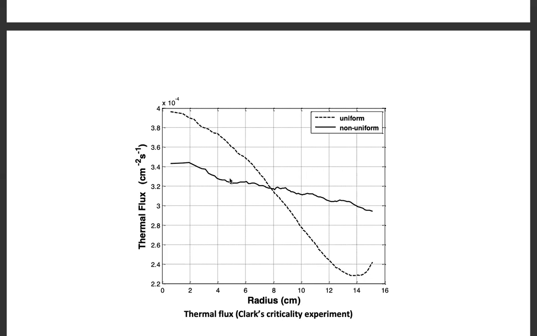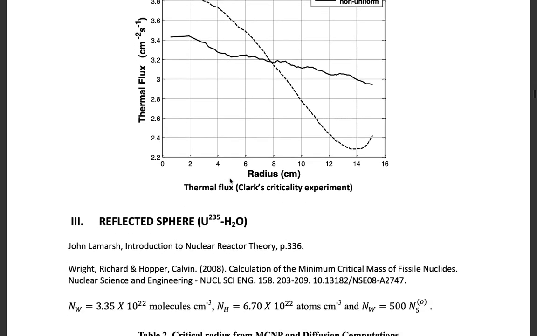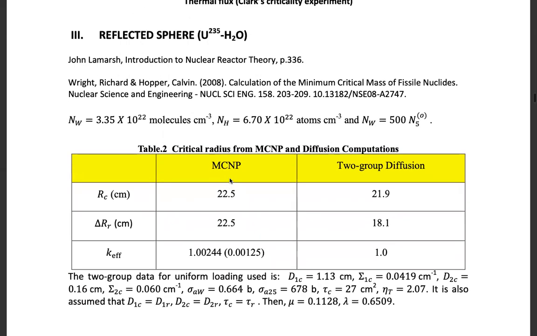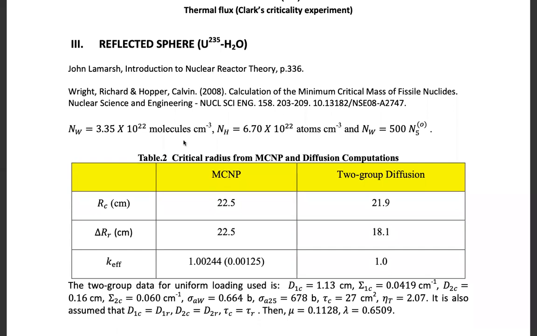You'll find papers by Goetzel, Williams, Lewins, Van Dam, and the earlier names of NSE of the 70s. So this is a lot of research and something very interesting. Okay, now let's come to a reflected system. This system I've taken from Lamarche, the book Introduction to Nuclear Reactor Theory, page 336.